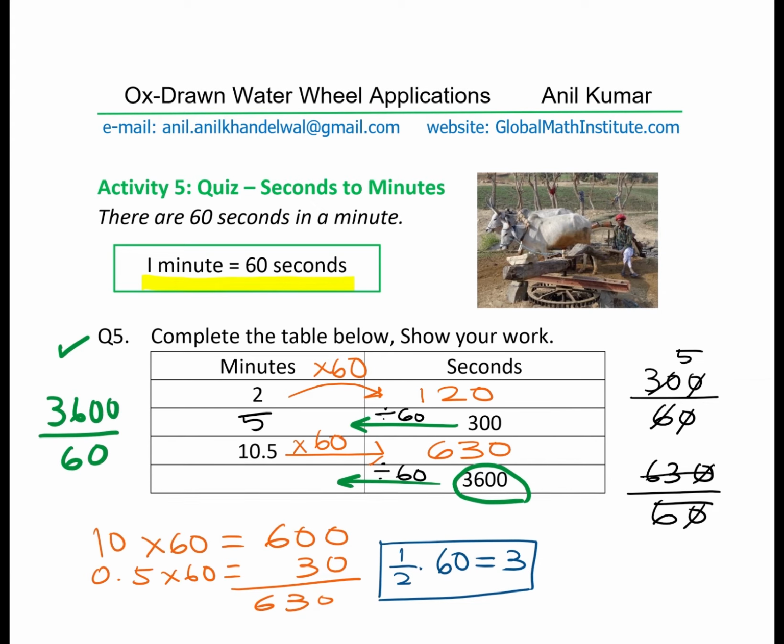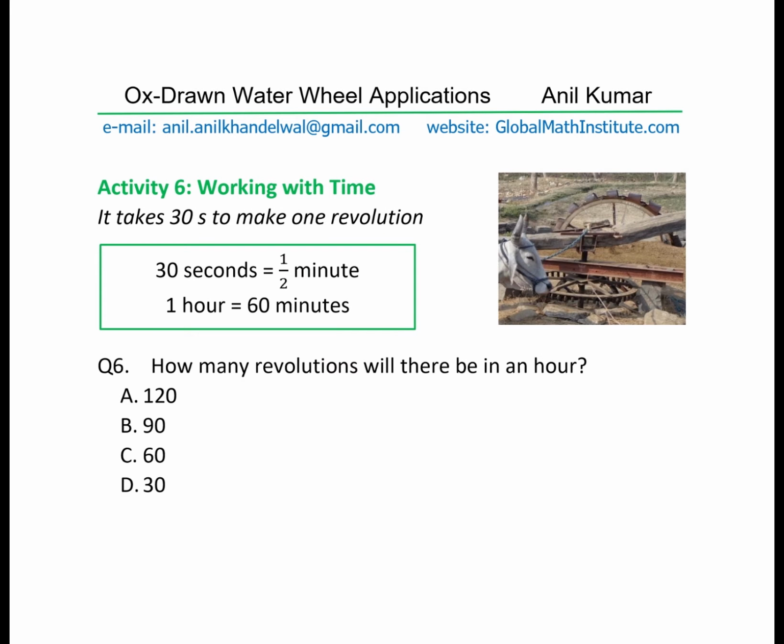So when you divide, you can cancel this 0 and then divide by 6. So it gives you 6 times 6 and 1 0, 60. So we get here 60 as our answer. So 3600 seconds is 60 minutes. So that is how you can complete your table. So I hope the concept is absolutely clear. Right? Let's move on and look into hours now.